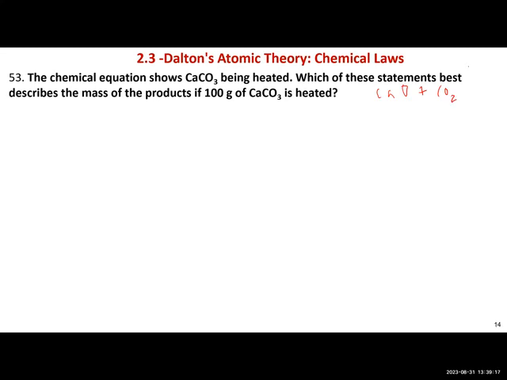When you break up 100 grams of calcium carbonate, it produces calcium oxide and carbon dioxide. The mass should be the same. That's the idea: mass of products is equal to mass of reactants.